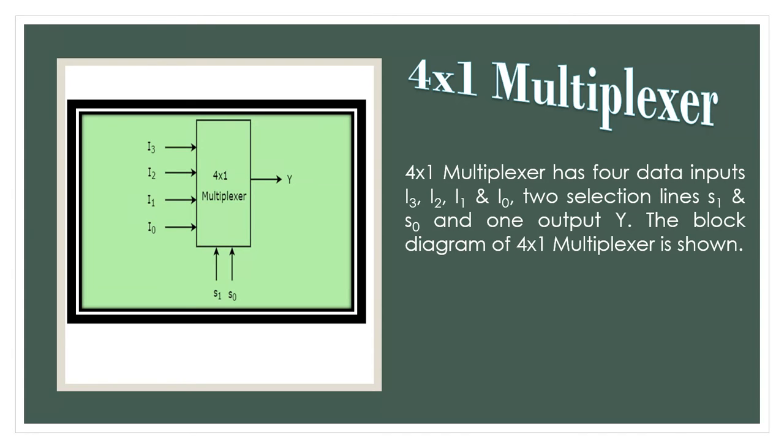So the 4 into 1 multiplexer has 4 data inputs, I3, I2, I1 and I0, two selection lines S1, S0, and one output Y.